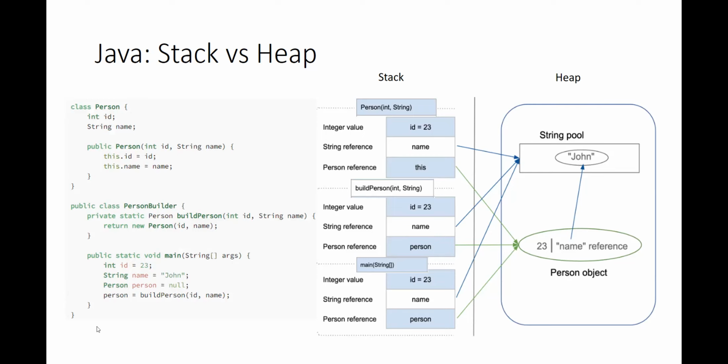And once we go out of the scope of this main, everything will be destroyed, including this ID, name and this person. And once this person is destroyed, Java will automatically deallocate whatever was allocated within the heap, because once the scope goes out of this main function, this person and this John are not being referenced, they are just hanging, like a dangling pointer.